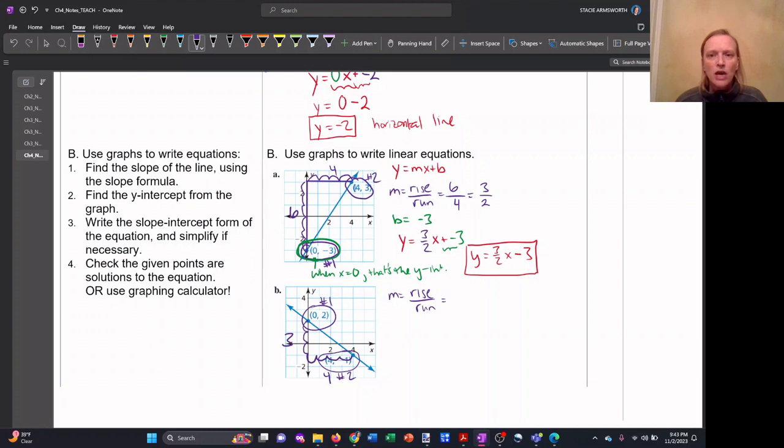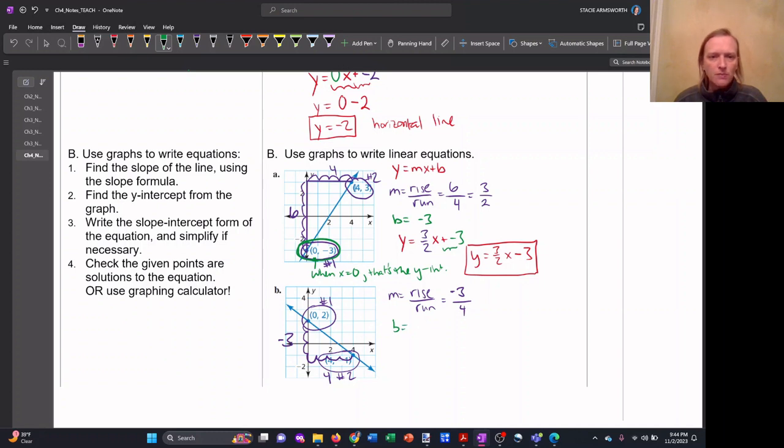My rise isn't just 3, it's -3 because I didn't rise, I went down, and that's a negative y value. But I did move to the right, and moving to the right is a positive value, so I moved to the right 4. This slope is in lowest terms, so ready to move on to find the y-intercept.